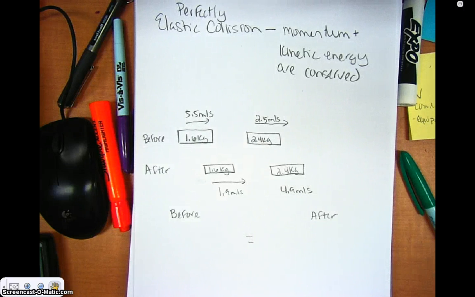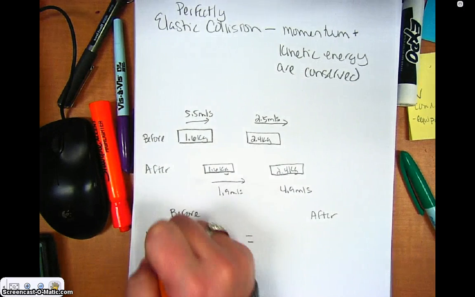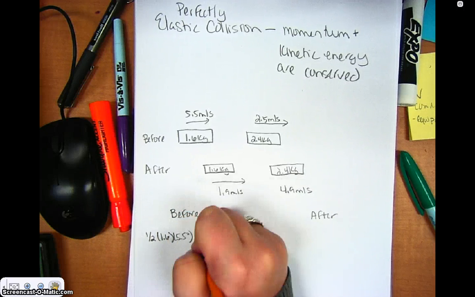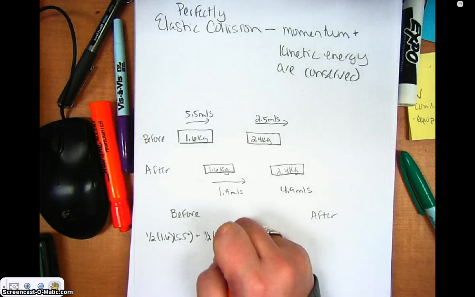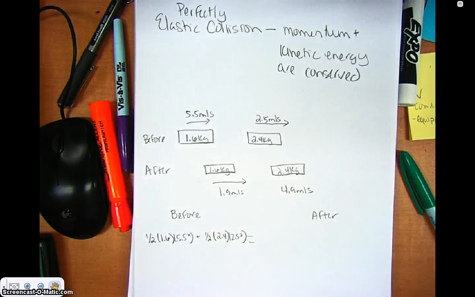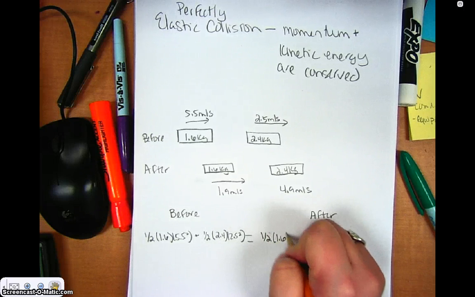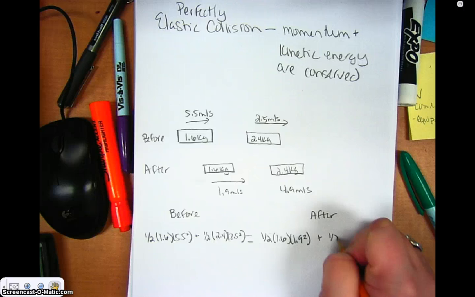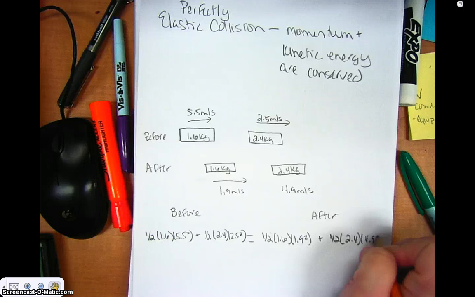Okay, so I have this object going this velocity, so its kinetic energy would be 1/2 mv squared, so 1/2 (1.6)(5.5 squared), plus 1/2 (2.4)(2.5 squared). Then our after scenario, we have the 1.6 kilogram with a kinetic energy of this, plus this guy, his kinetic energy is 1/2 (2.4)(4.9 squared).